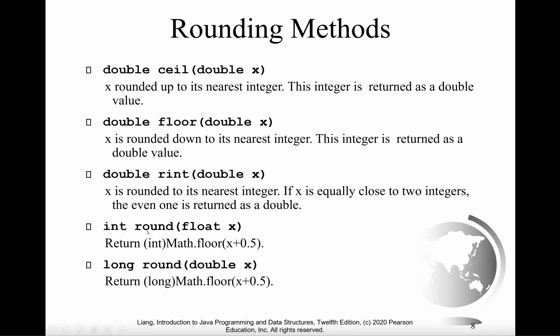Round. So there are two round methods, overloaded round. This is for int. If you pass this argument as float, it's going to return an int value. So this is round(float x), and this is round(double x), and this is for the double.